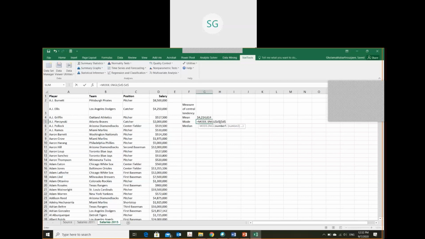I missed the 2 here. Multiple. This result shows that multiple people receive this salary, $500,000.